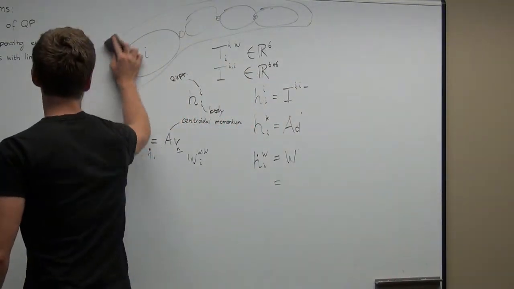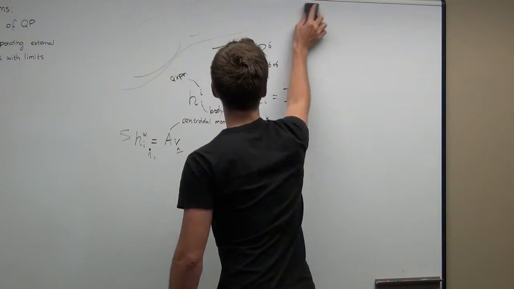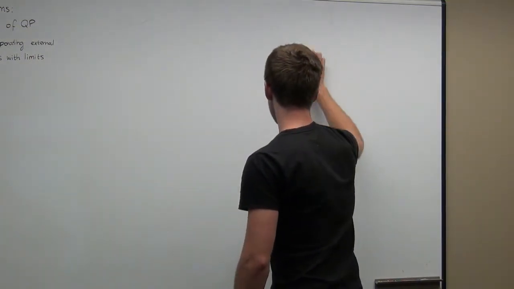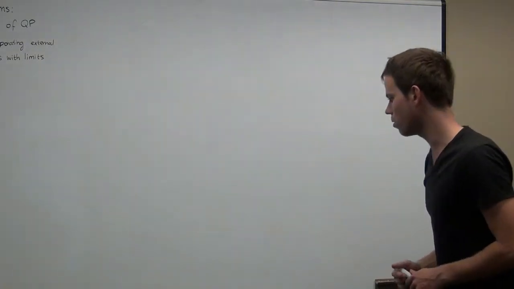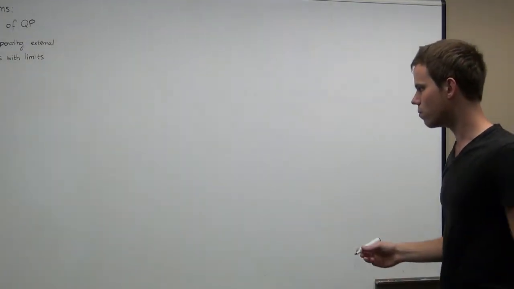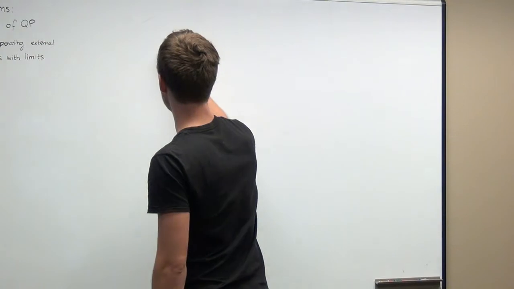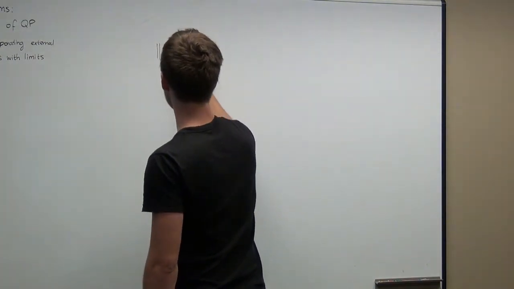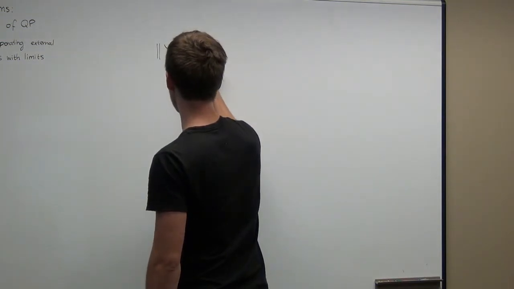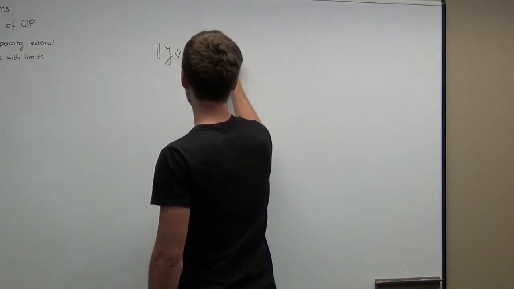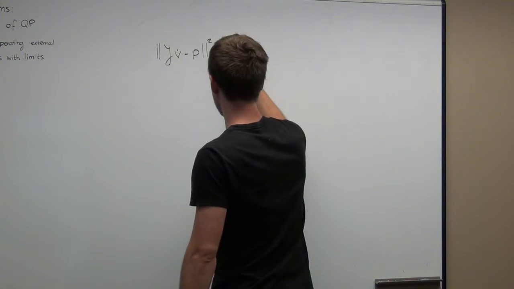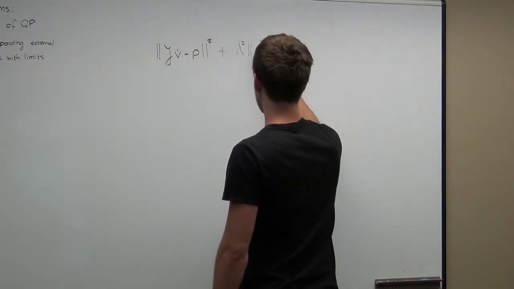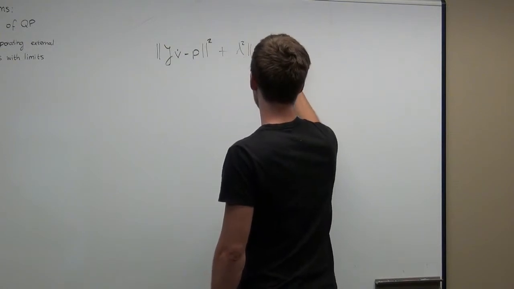Let's try to write down another quadratic program. We're not quite there yet, but we're getting closer. So suppose we still try to achieve our motion constraints as well as possible. So we have this J v dot minus p squared, and we might also add the damping term, v dot squared.